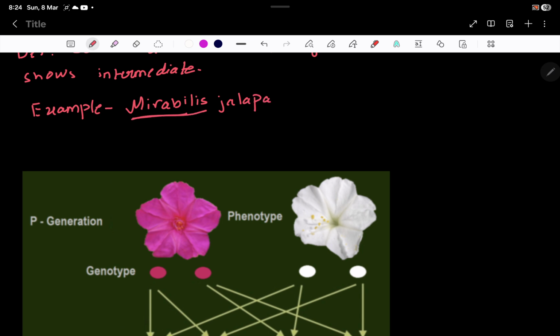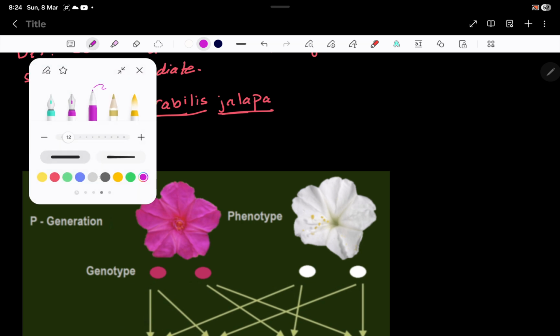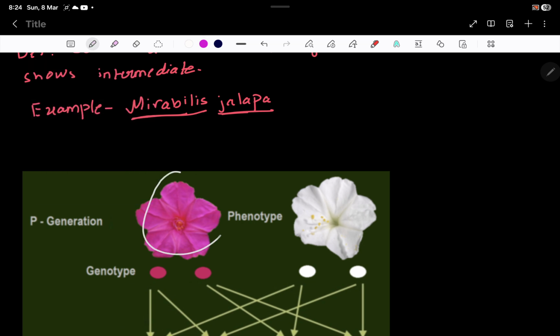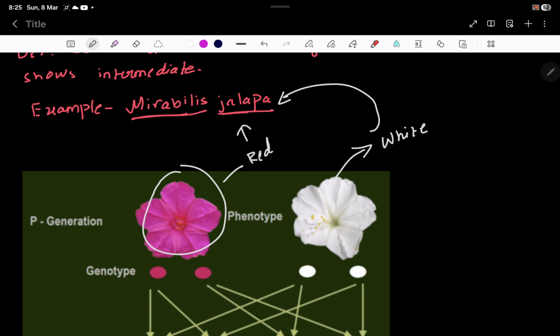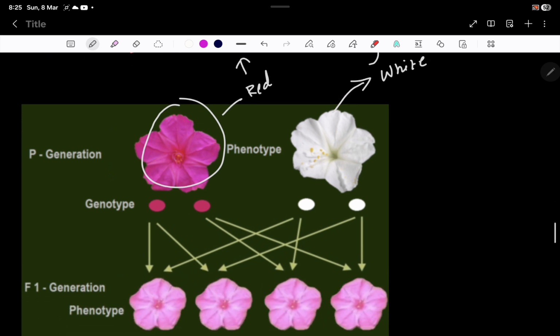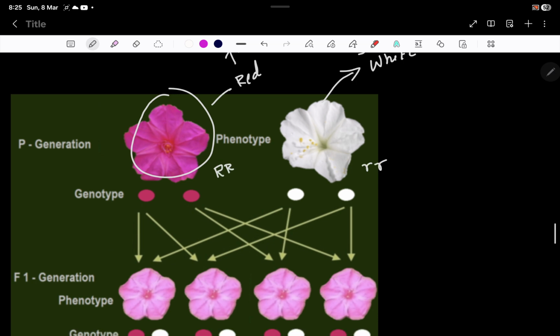Clear? So, when we cross the red flower of Mirabilis jalapa with the white flower of Mirabilis jalapa, what happens? Suppose this is capital R, and this is small r.